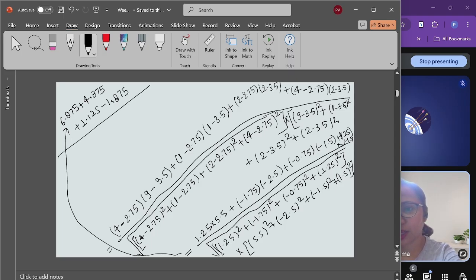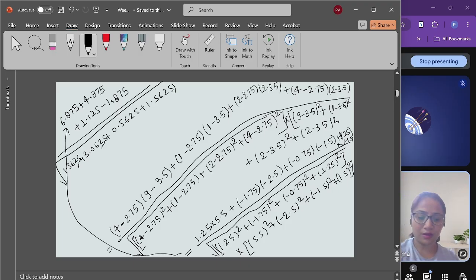You can check it also. Here you will get root of 1.5625 plus 3.0625 plus 0.5625 plus 1.5625. I may have made some mistakes during calculation, so please check also.